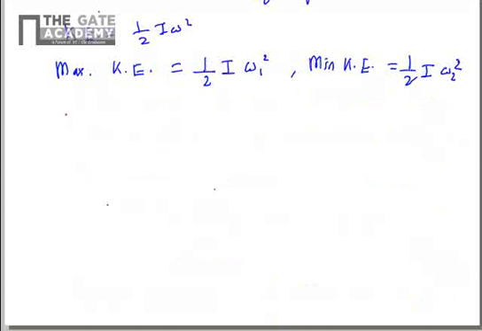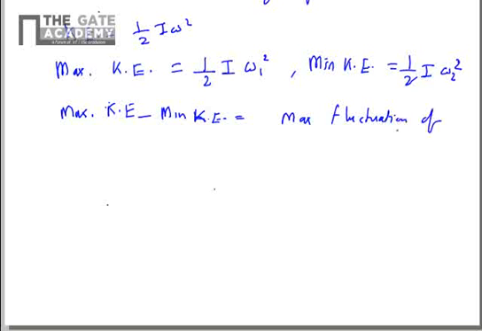And the difference between maximum kinetic energy minus minimum kinetic energy is equal to the maximum fluctuation of energy.